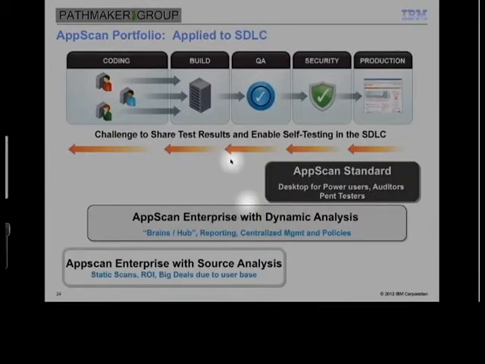So this particular slide is somewhat of a methodology or a philosophy slide. It reflects the belief at IBM that security testing is really not that different than normal functional testing, in terms of we're trying to find flaws in the application, in the code. We're finding that a lot of companies don't treat security testing the same way that they treat their normal functional testing.